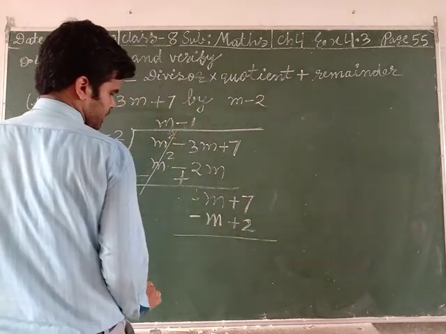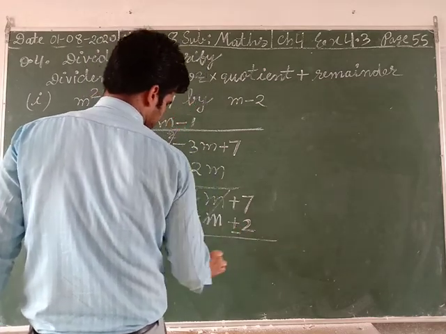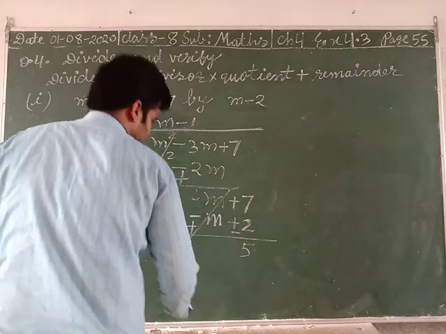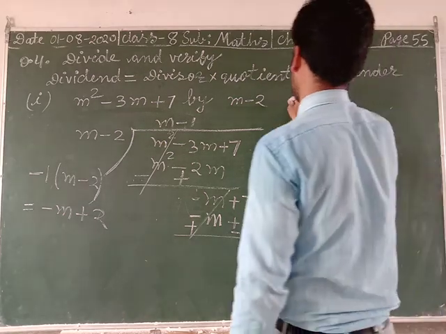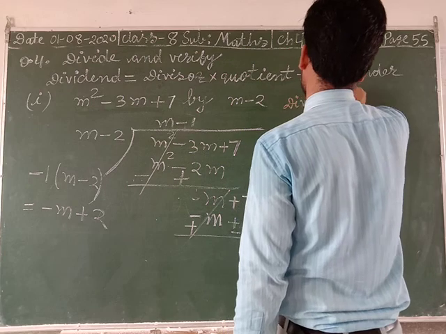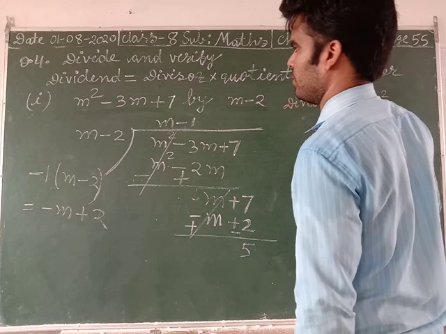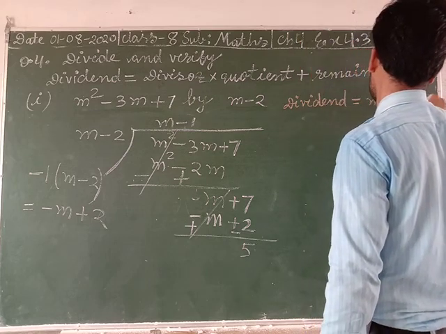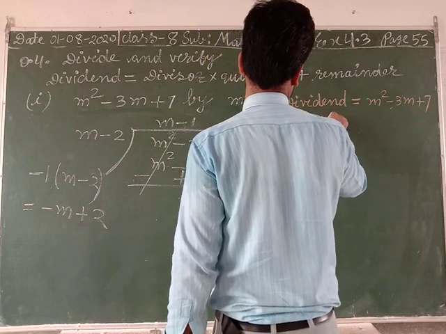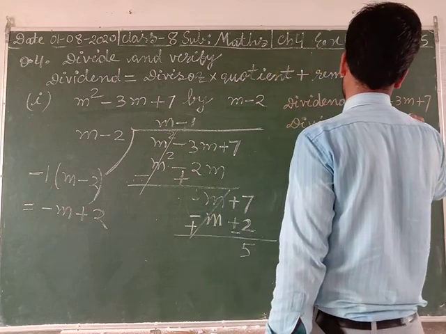Now after subtracting, this minus become positive and this plus become minus. So this get cancelled and 7 minus 2 is equal to 5. So students, now see, dividend is equal to m square minus 3m plus 7. Divisor is equal to m minus 2.